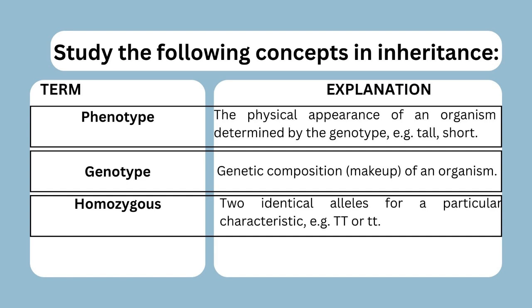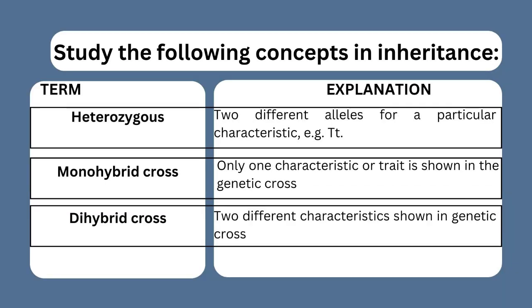Phenotype: the physical appearance of an organism determined by the genotype, e.g. tall, short. Genotype: genetic composition, makeup of an organism. Homozygous: two identical alleles for a particular characteristic, e.g. TT or tt. Heterozygous: two different alleles for a particular characteristic, e.g. Tt.